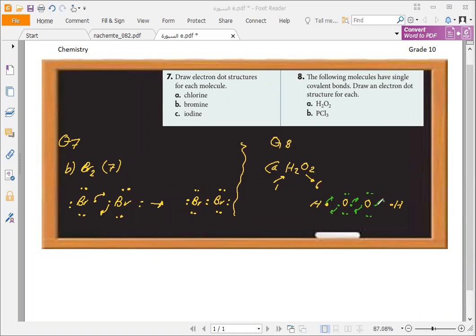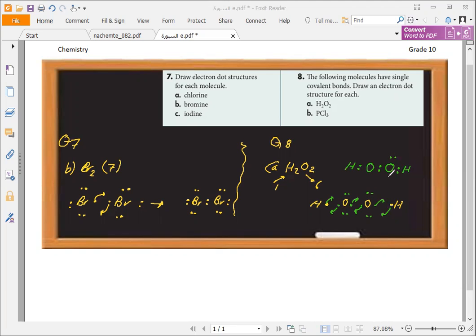And here also, okay? The electron dot structure will be like this: hydrogen, 2 dots, oxygen, 2 dots, oxygen, 2 dots, and then hydrogen.